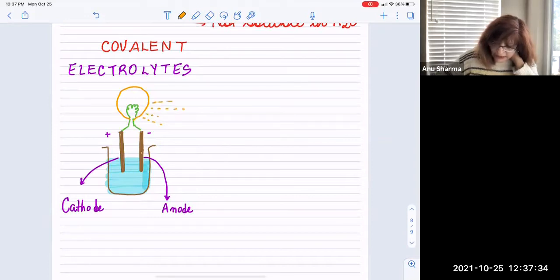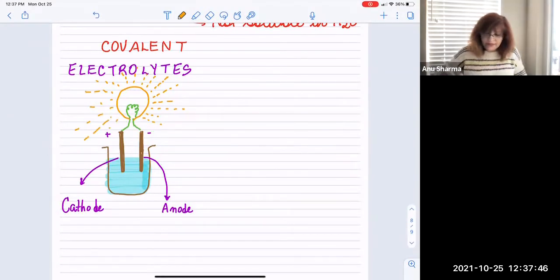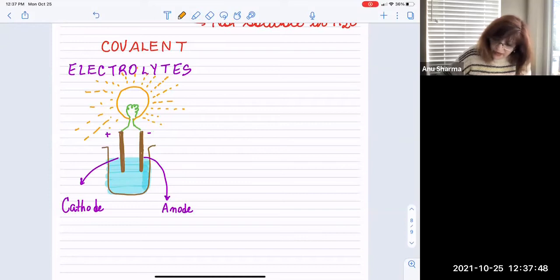Will the bulb light up or will it not light up? If the bulb lights up brightly, or dimly, or extremely quickly or slowly, what's happening here? This is obviously connected to some kind of electrical plug.